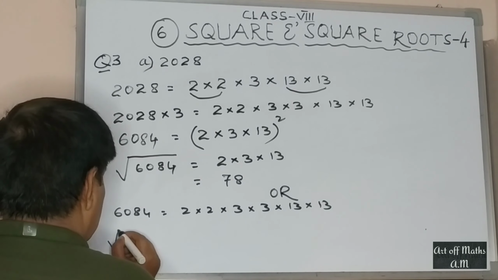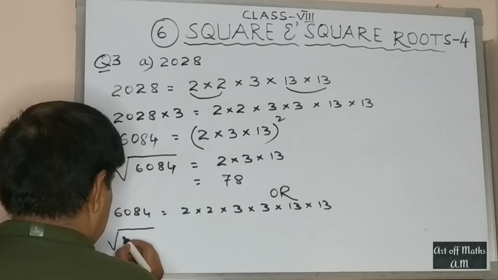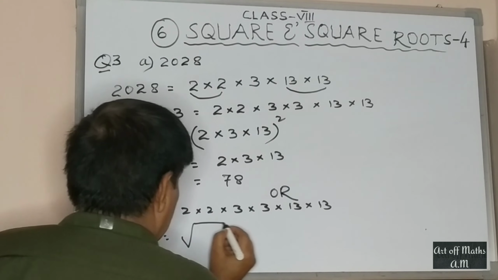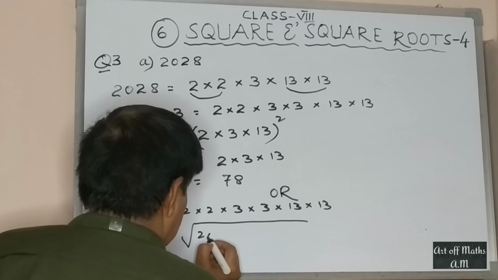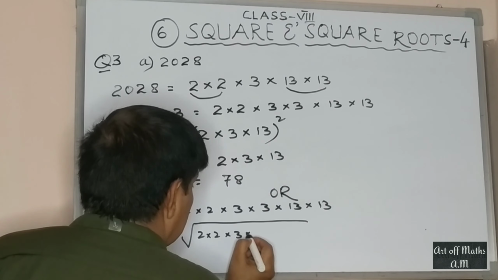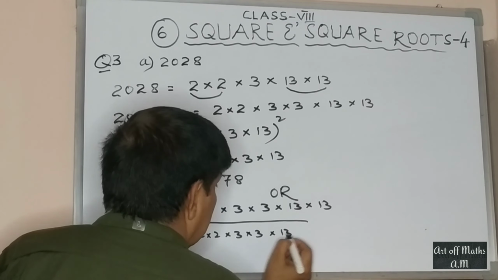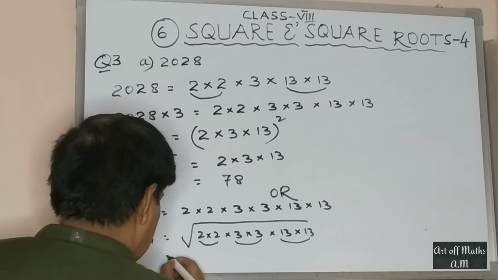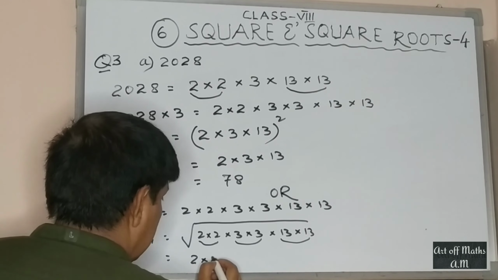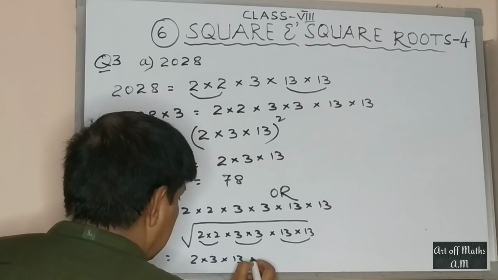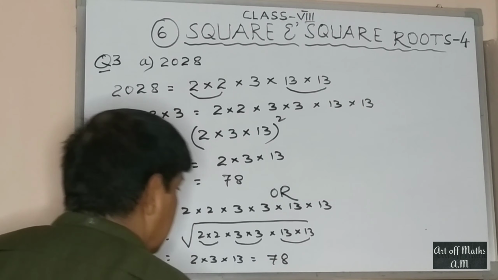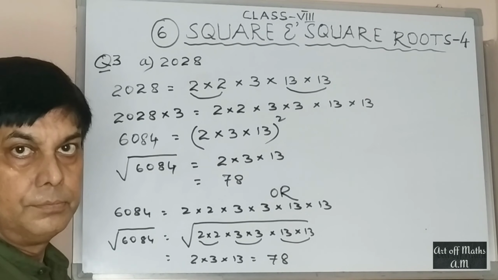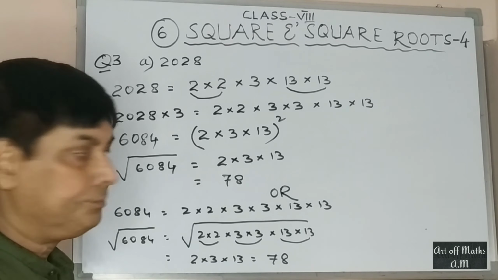Now put square root on both sides. Square root of 6084 is the square root of 2 into 2 into 3 into 3 into 13 into 13. Now 2 into 3 into 13 equal to 78. In both ways you can do it, whichever you prefer, most convenient.